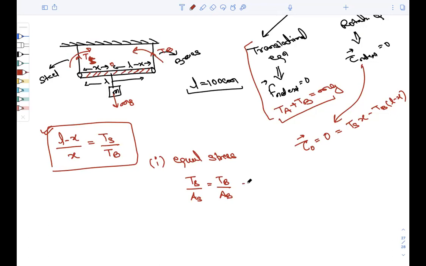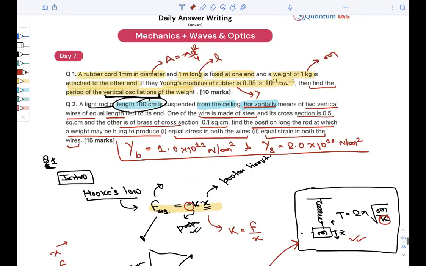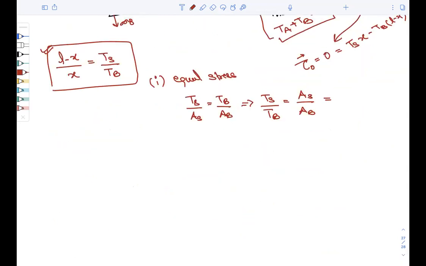So from here, TS by TB is AS by AB. You can see AS and AB: 0.5 by 1, that is 5. So TS by TB equals 5.